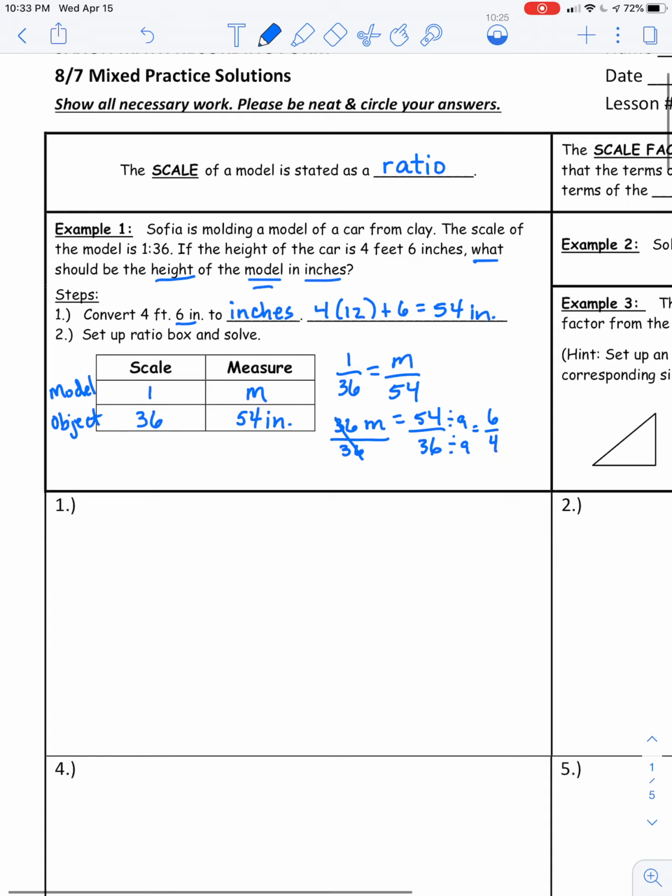Yep, now I can divide both of those by 2, and I would end up with 3/2, which then would be M is going to be equal to 1 1/2 inches. So the height of my model car is 1.5 inches. And that is the answer to that problem.